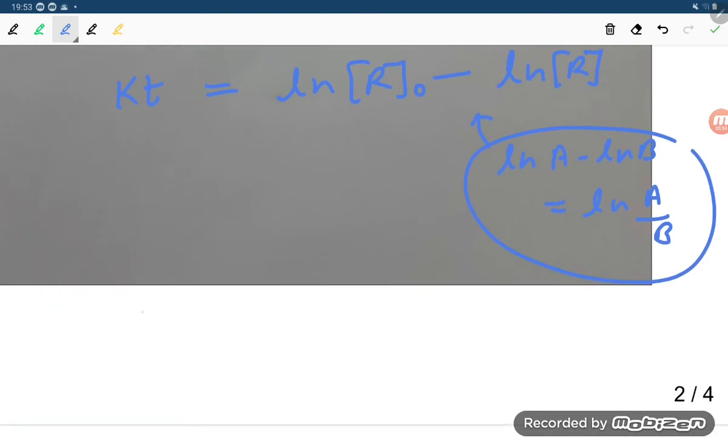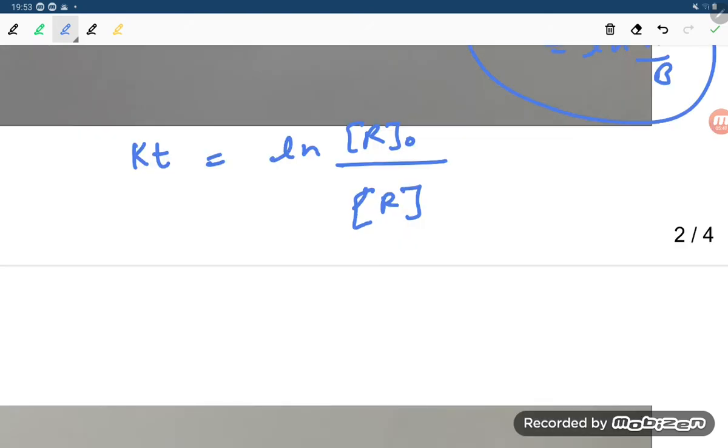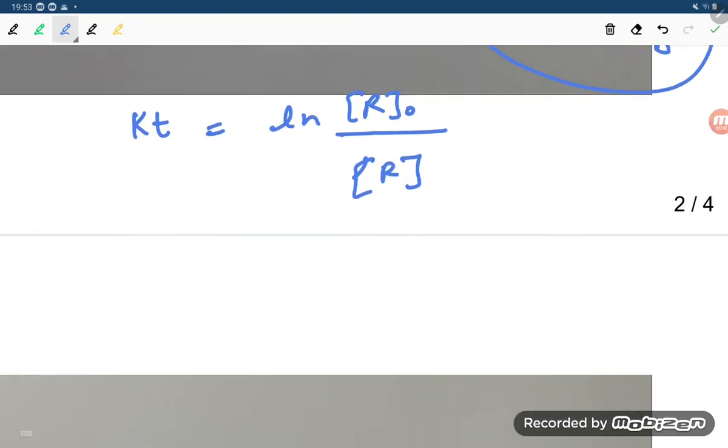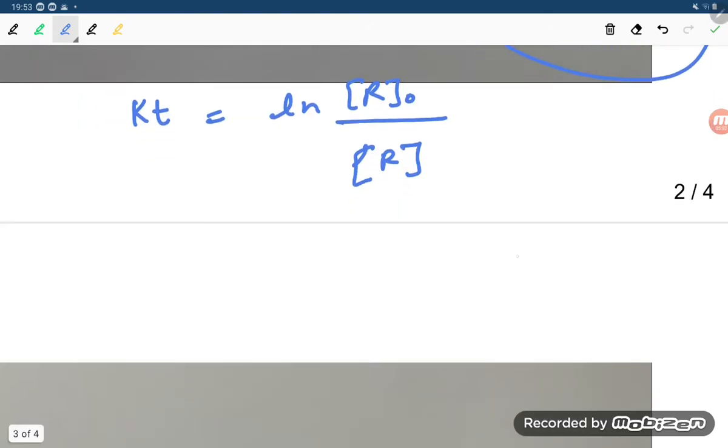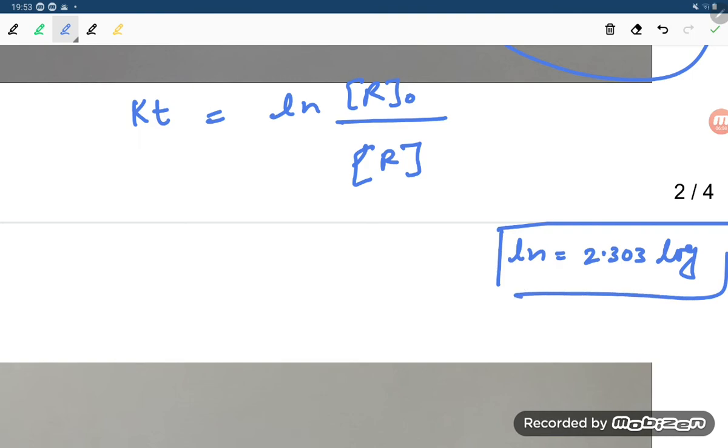So kt is equal to ln R naught upon R. Now we know ln is equal to 2.303 log. So if you want to put the log, we need to apply 2.303.